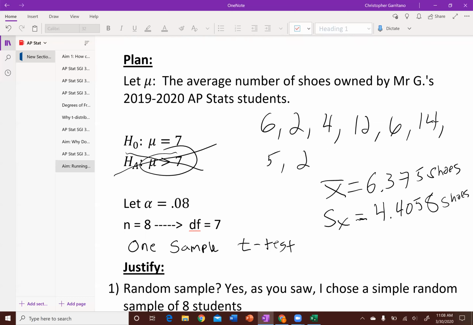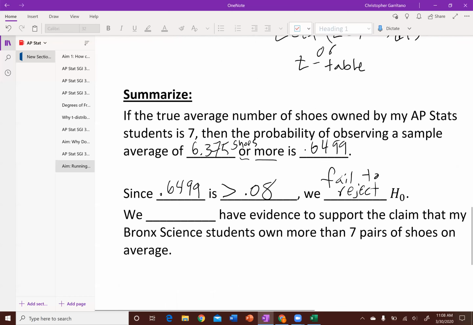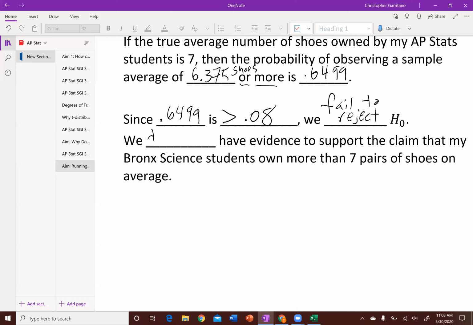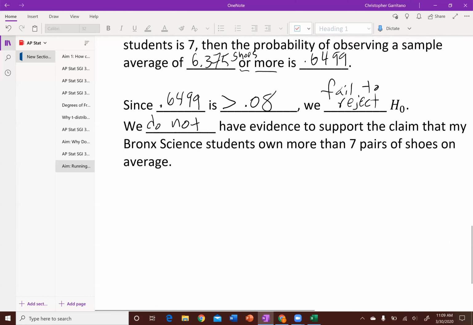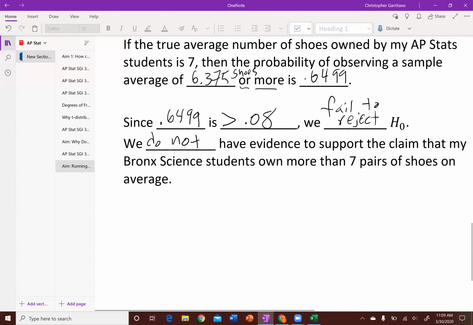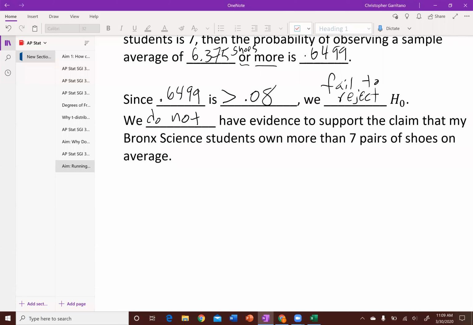So we failed to reject the null hypothesis, and therefore we do not have evidence to support the claim that my Bronx Science students own more than 7 pairs of shoes on average. Okay, and there you have it. So according to that sample, y'all do not own more than 7 pairs of shoes on average. And if this hypothesis test is wrong, then maybe I've made an error, and what type of error might that be? I'd like you to think about that.